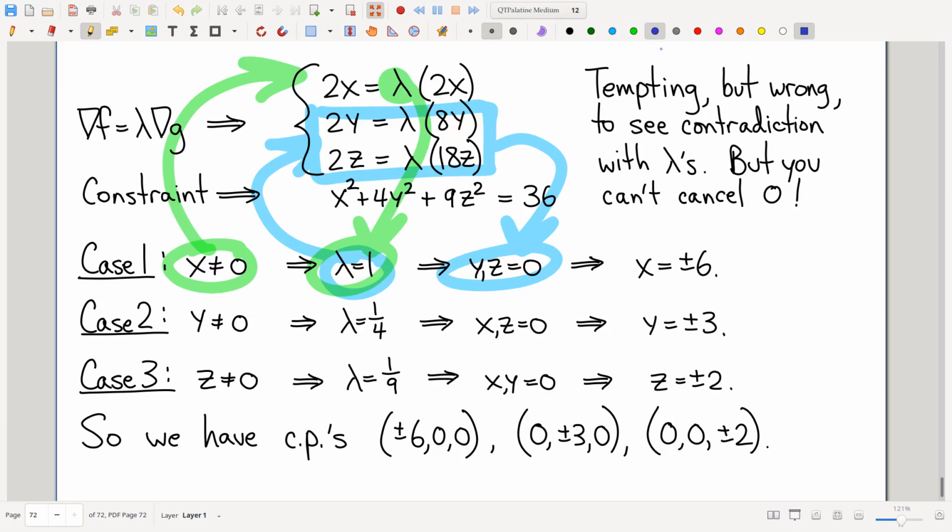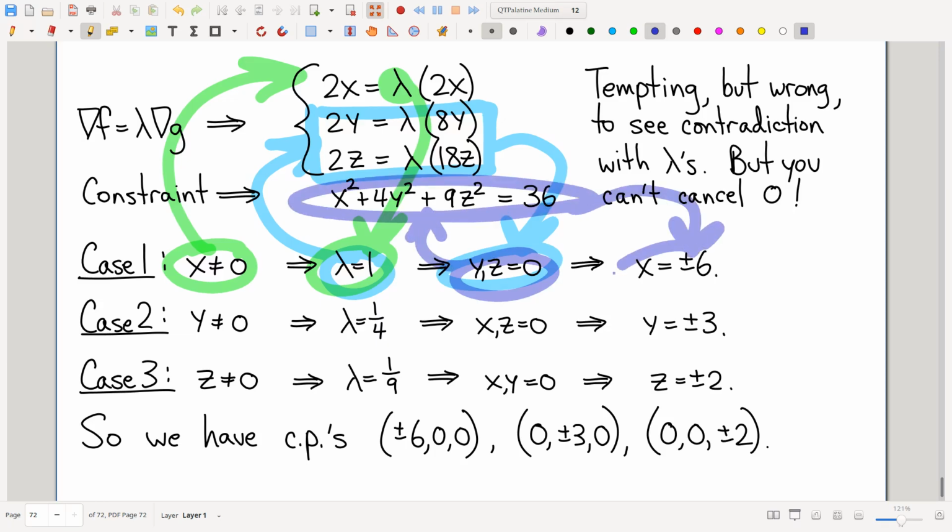And if y and z are 0, that would mean x would be plus or minus 6. So we got a little three-step process there, right? But in consideration, as long as x is not 0, then yeah, we've got these two possible acceptable results. And you can play that same game for the others.